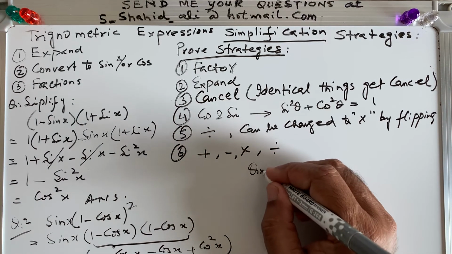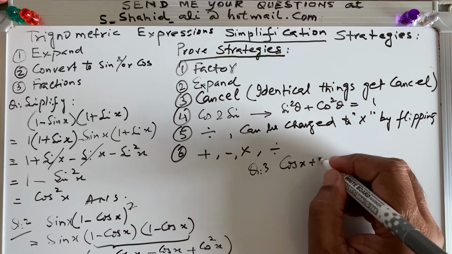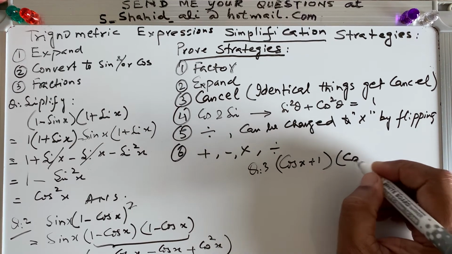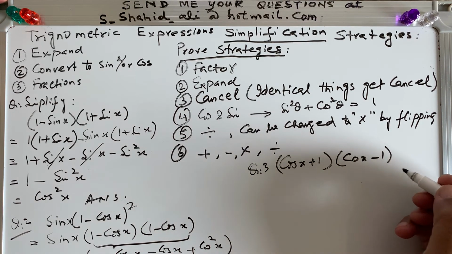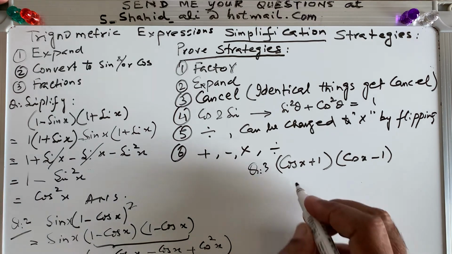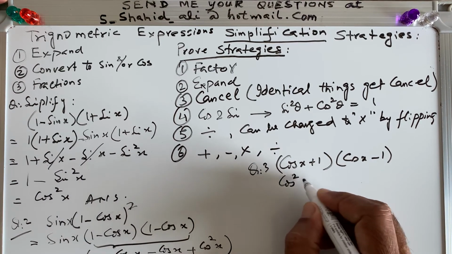Here, question number 3, and that is (cos x plus 1) times (cos x minus 1), right? You can use here the (a plus b)(a minus b) version of your algebra, but if you want to do real multiplication, you can also do that. So cos x times cos x is cos square x.